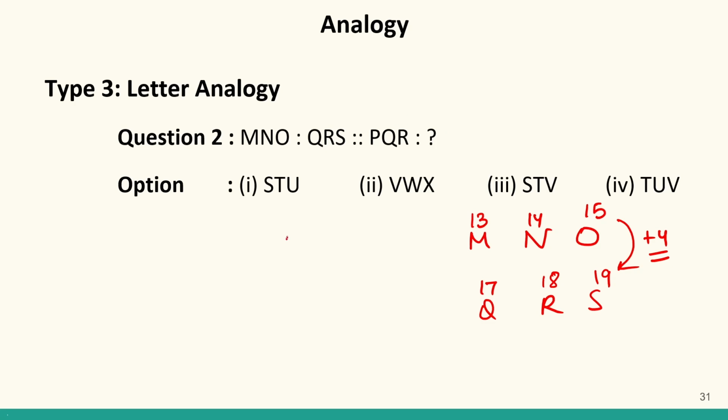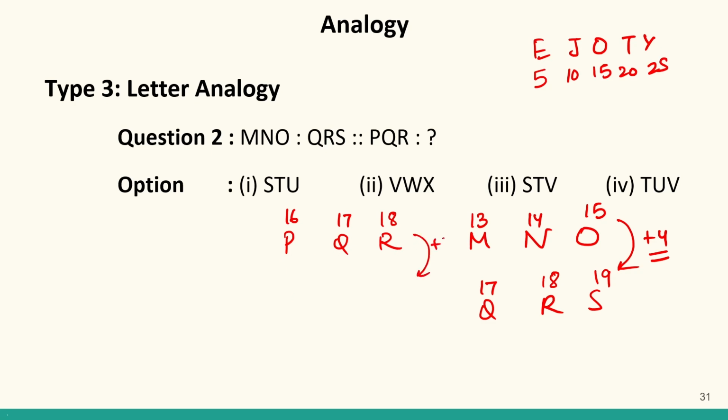So I'll do the same thing for PQR. In PQR, P is positioned at 16, Q is positioned at 17, and R is positioned at 18. I also told you about a shortcut called AJOTI that you can remember to reference all the forward ranks. Now PQR is this.